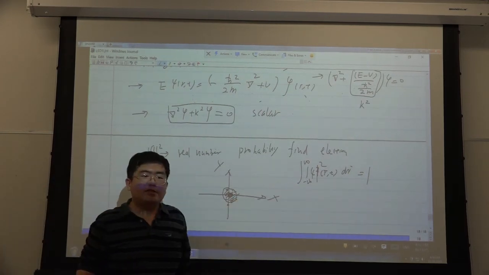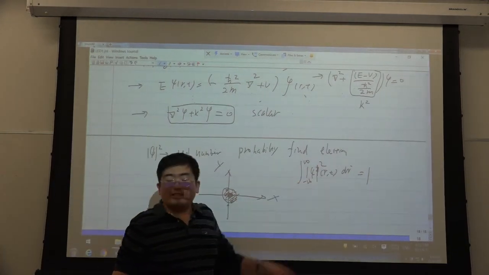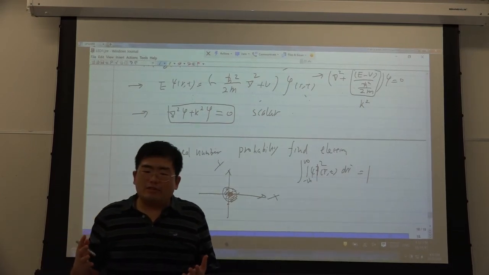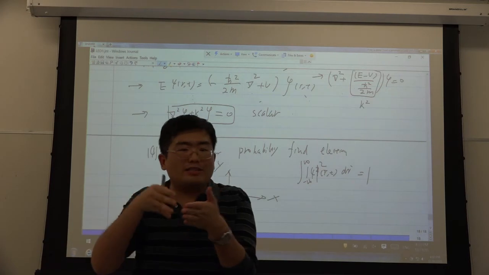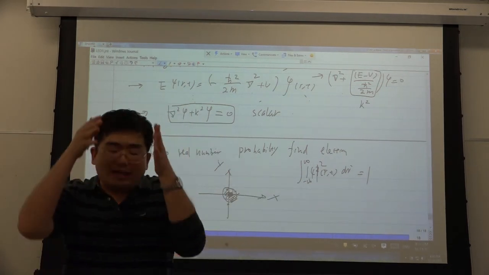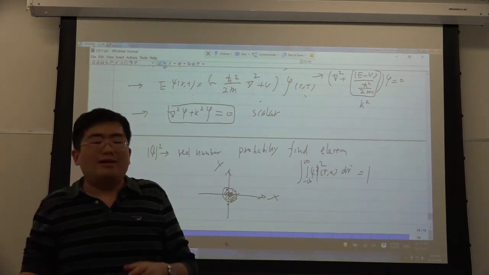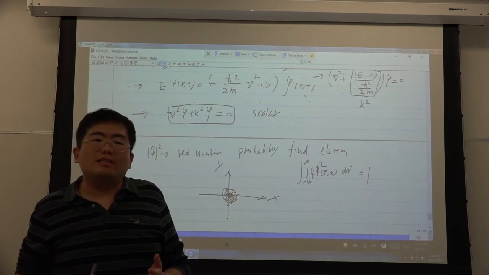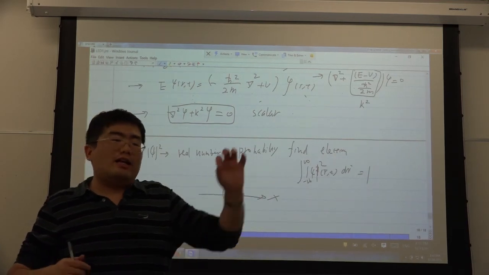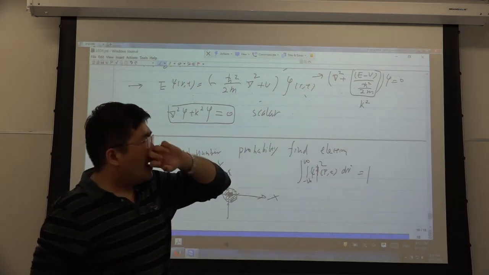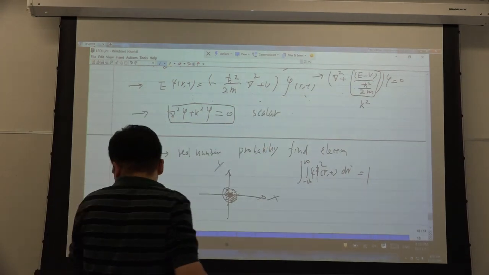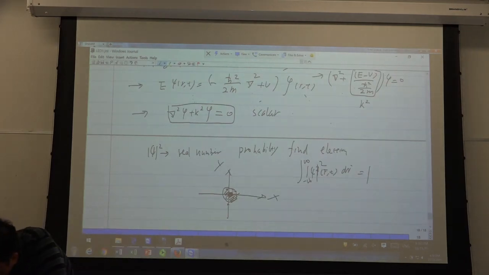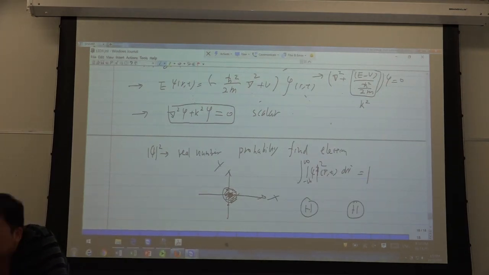Phi in itself is complex, because it can interfere. The amplitude square of phi is a real number. It's a probability. Like you see in a hydrogen atom, two hydrogen atoms.